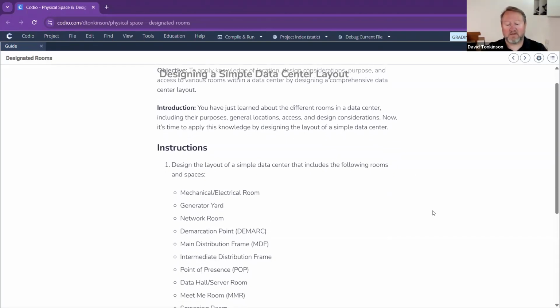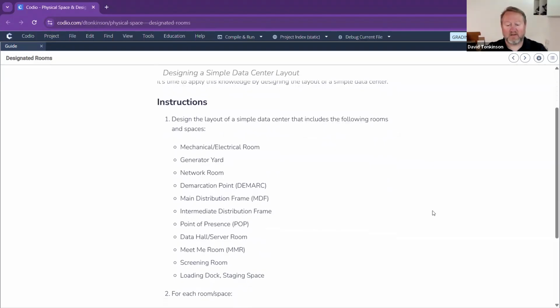So design one simple data center. It doesn't have to be horribly complicated. We're going to give you 15 minutes to do this, maybe a little bit longer, but we'll target 15 minutes. And we want you to include at least one of each of these items.